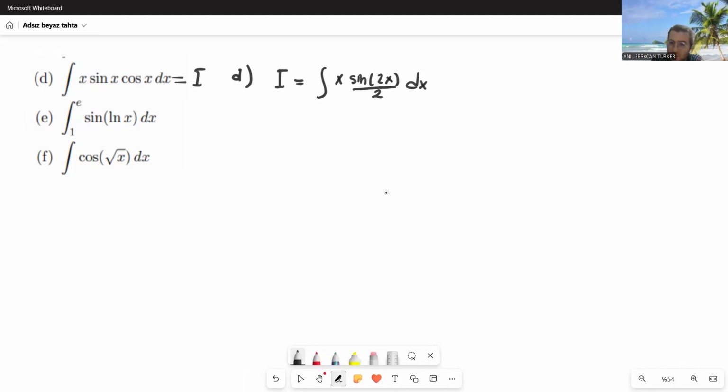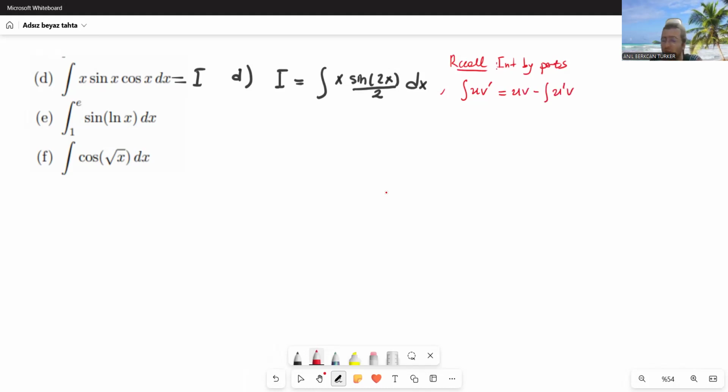So by parts, right? First recall integration by parts. The integral of u v prime is equal to u v minus the integral of u prime v.